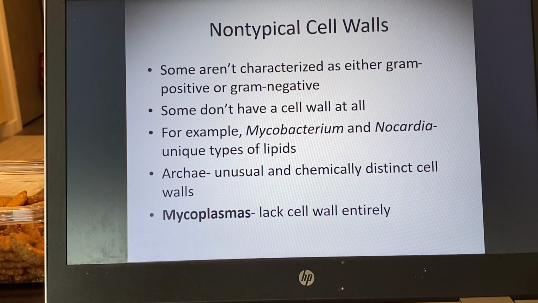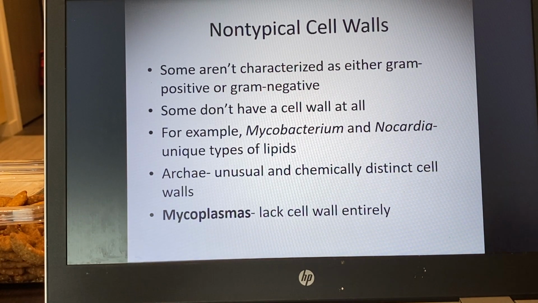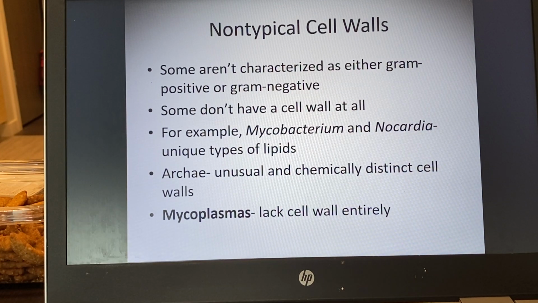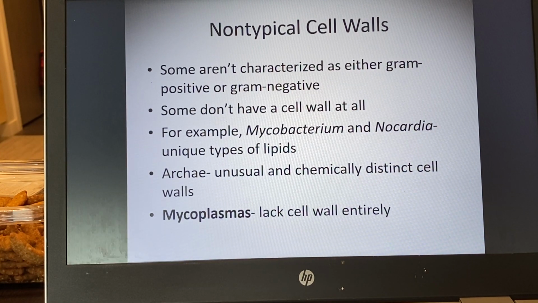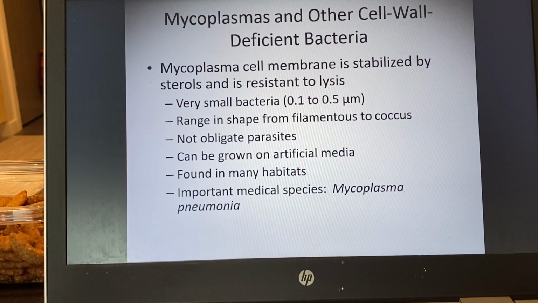You basically have to do every type of staining. You do a gram stain, if nothing shows up, then you do an acid-fast stain. If nothing shows up, then you start thinking, maybe this type of pneumonia could be caused by a mycoplasma, and maybe we need to send that patient biopsy out to a special lab that has an electron microscope.